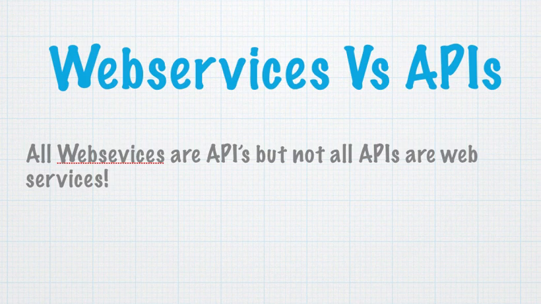All web services are APIs, but not all APIs are web services. Can you guess why? Simple. Because as we said, APIs can be accessed over the web, or be library APIs. But all web services are accessible only via the network, the internet. So that's why we say all web services are APIs, but not all APIs are web services.